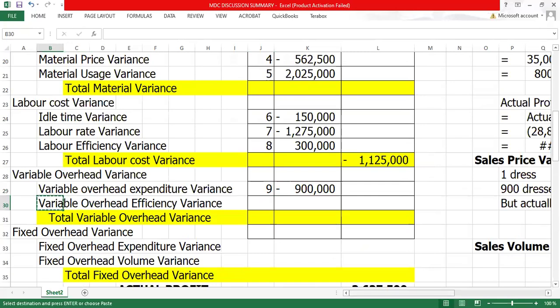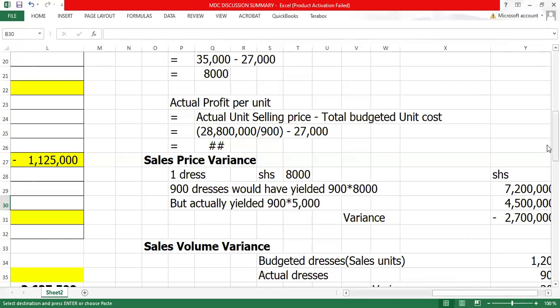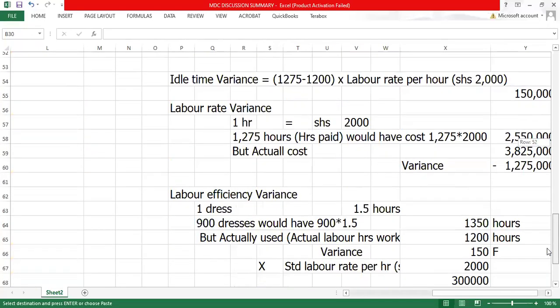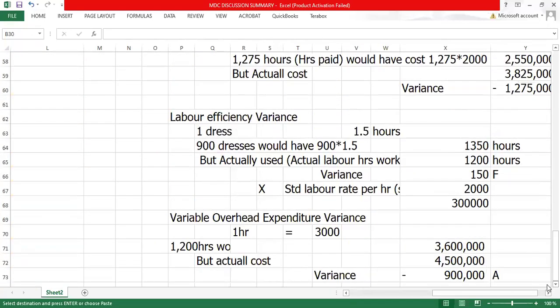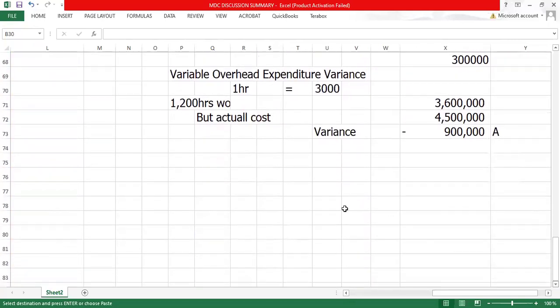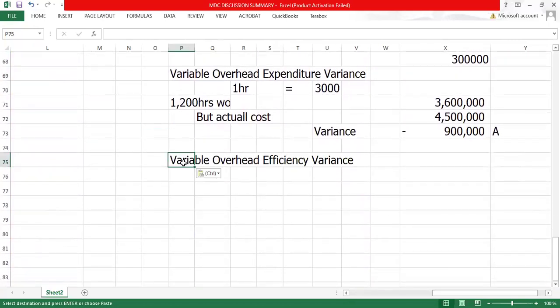Efficiency. Efficiency is like the way we looked at labor efficiency. To make one dress, you need how many hours? You need 1.5. This is labor efficiency variance.